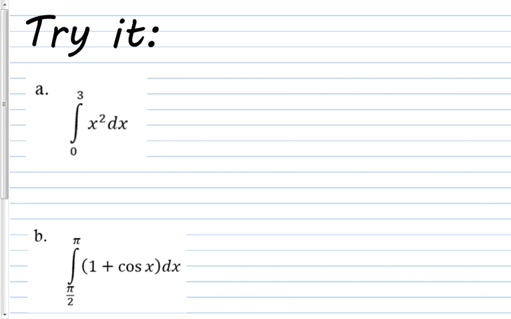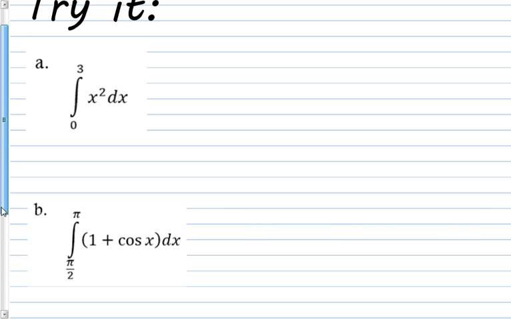Okay, try it. Go ahead and try it. Pause now if you are actually going to want to try this on your own. All right, A, hopefully you did this on your own. So x squared, add 1, divide by my new exponent, and I get x cubed over 3, but I have to evaluate it from 0 to 3.